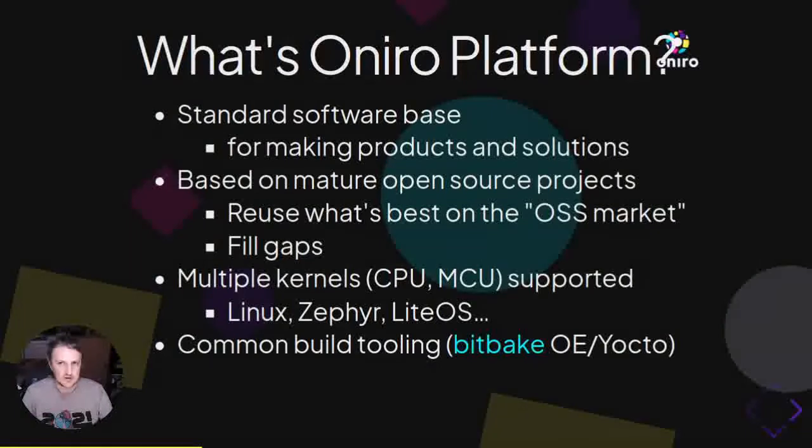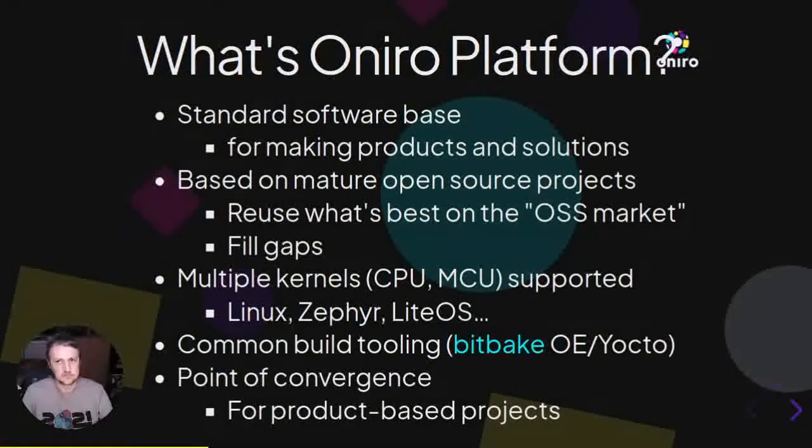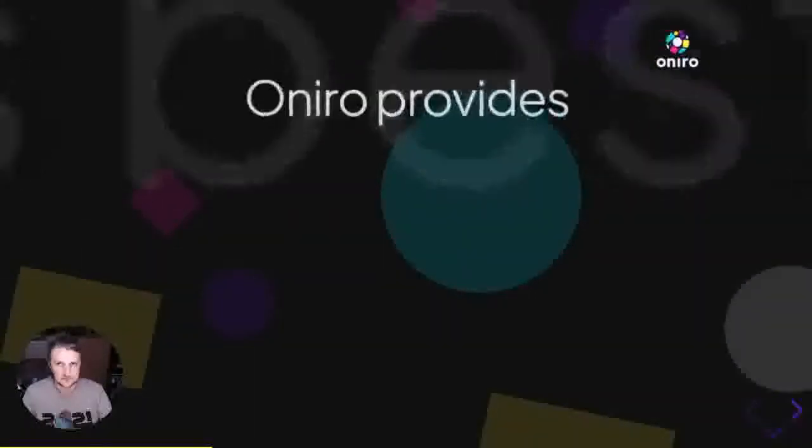That's what we try to change in the software industry. So in the end, Oniro becomes a point of convergence, because each feature can come from a microcontroller, for instance, or from a CPU. But if the code is generic enough, it can be shared among different profiles of device. So Oniro becomes a point of convergence where the code can be shared in a common place and reused in different contexts.